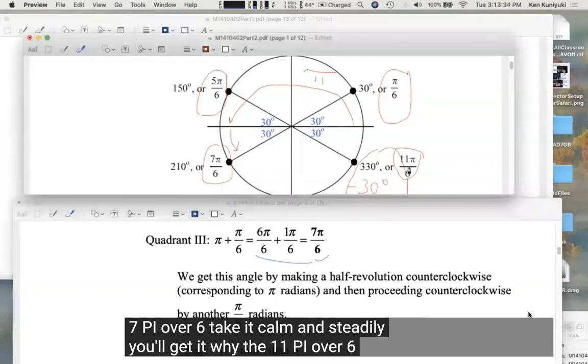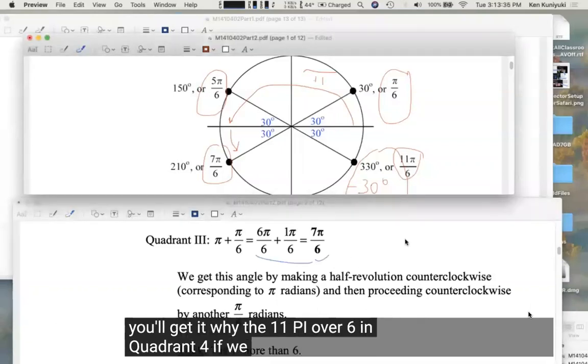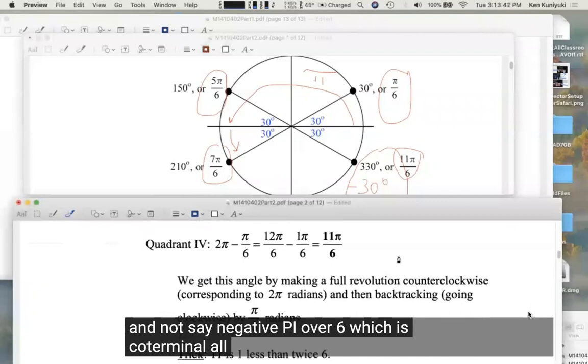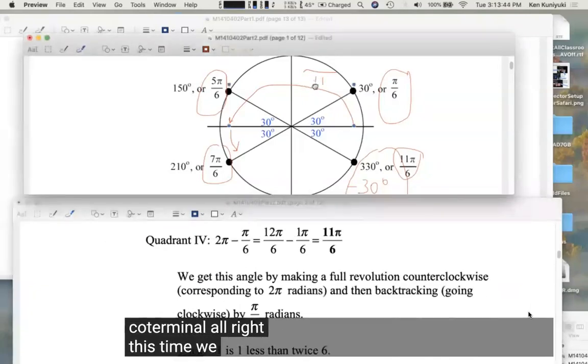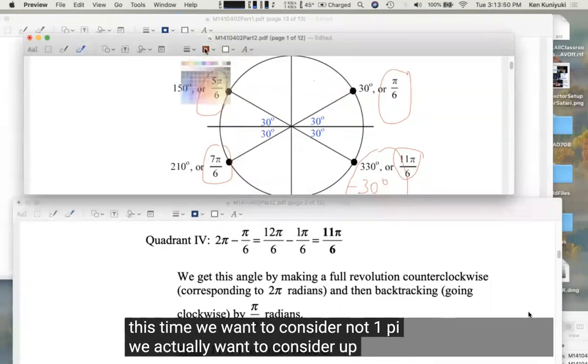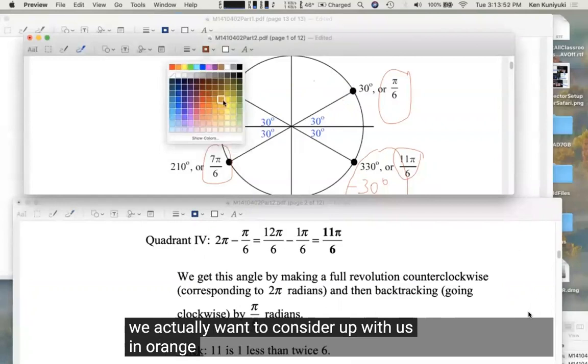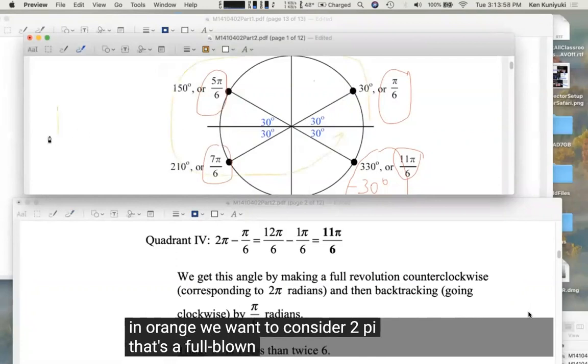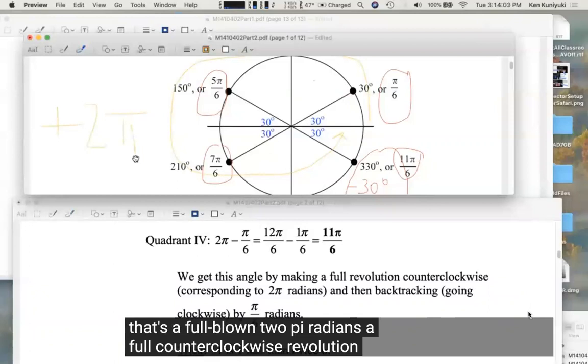Why the 11 pi over 6 in quadrant 4? If we want the positive angle and not, say, negative pi over 6, which is coterminal. All right, this time we want to consider not 1 pi, we actually want to consider 2 pi. That's a full-blown 2 pi radians, a full counterclockwise revolution.